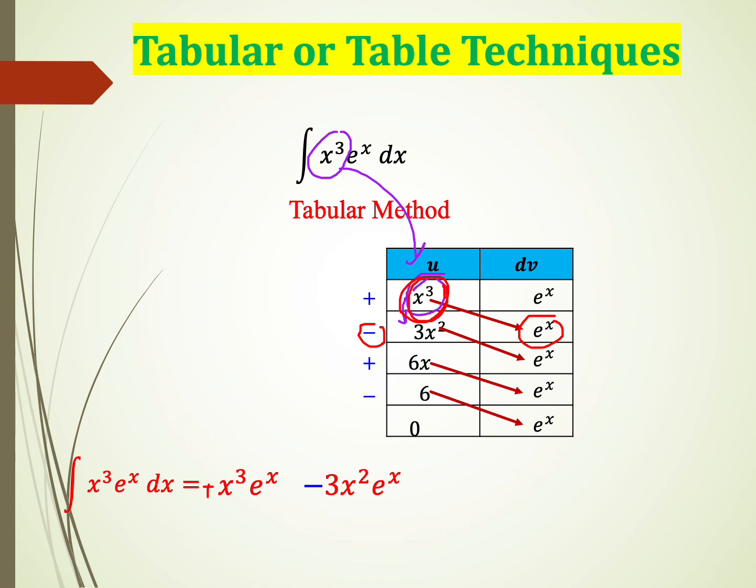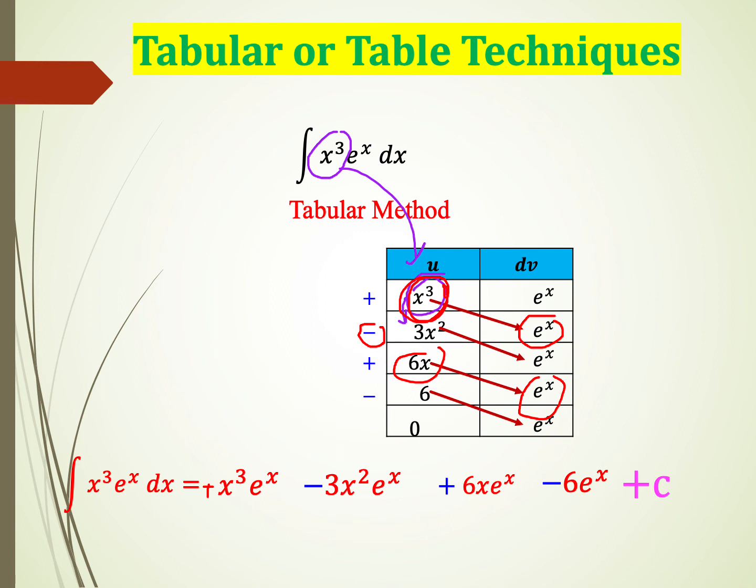Then the third one will be 6x multiplied by e to the power x and the plus sign. Then 6 again by e to the power x itself, and we don't forget plus c. So this is the idea of the tabular method.